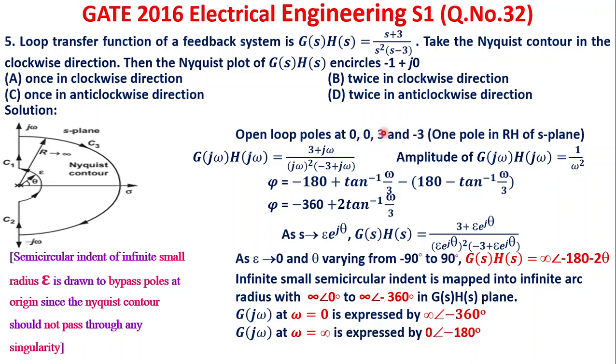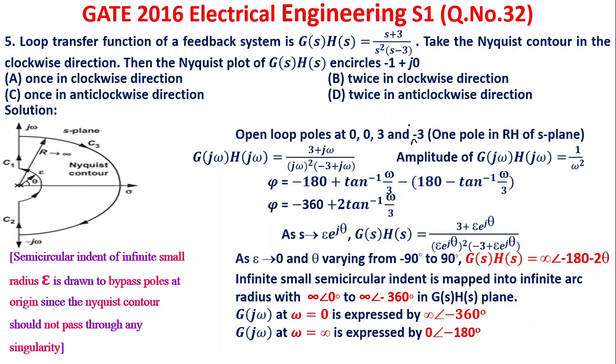Of course, I should not take this minus 3. This minus 3 is not at all there. Why is this minus 3 not there? Because this minus 3 is actually a zero. I can annotate here: 1 open loop zero.